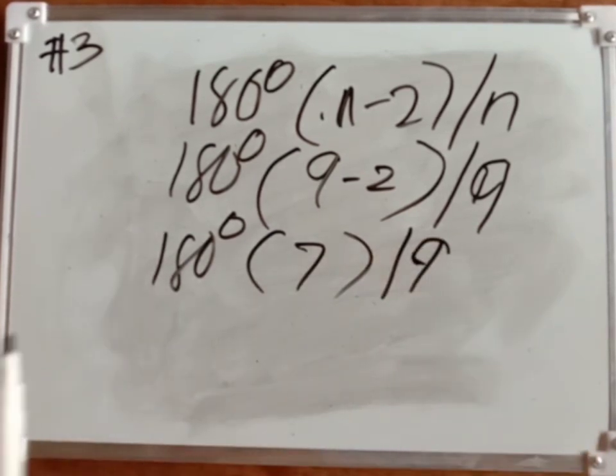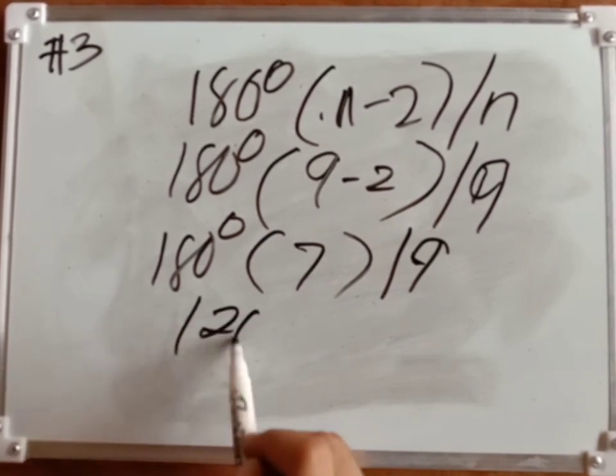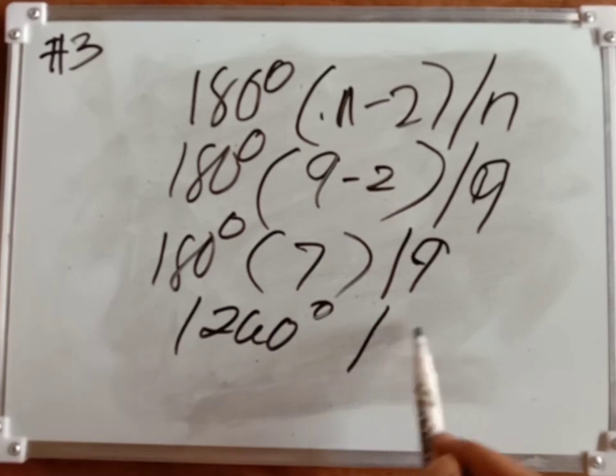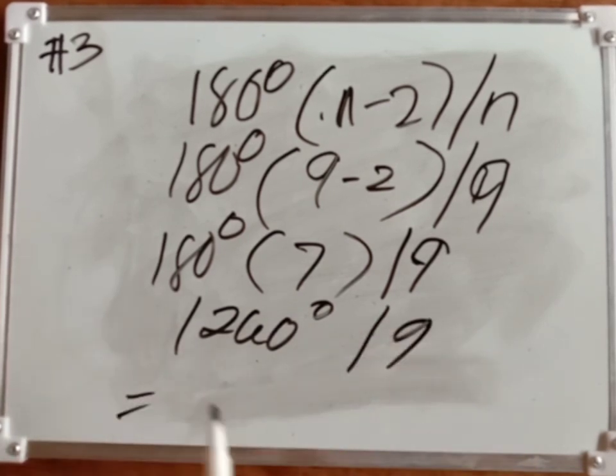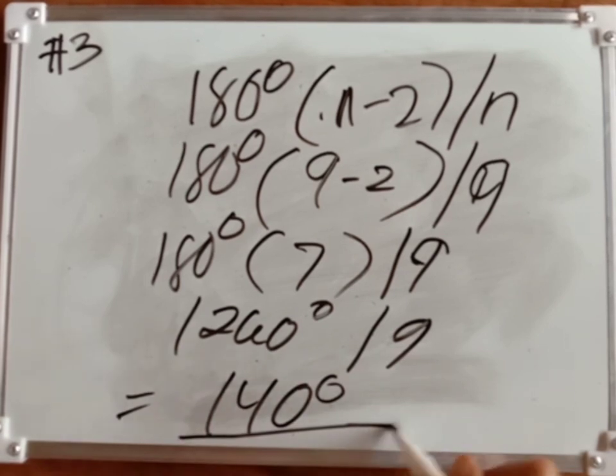So, 180 degrees multiplied by 7 is 1,260 degrees. Divided by 9 is equal to 140 degrees. So therefore, the measure of each interior angle of a regular nonagon is 140 degrees.